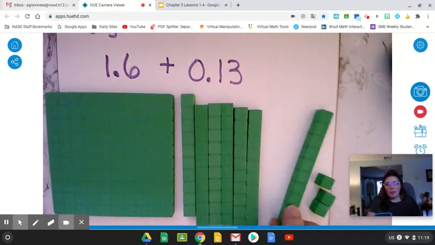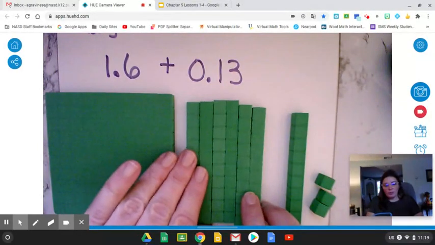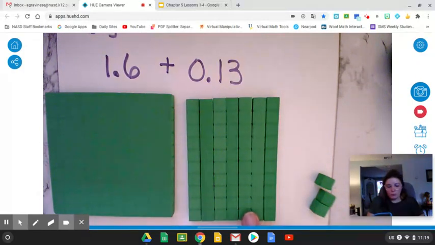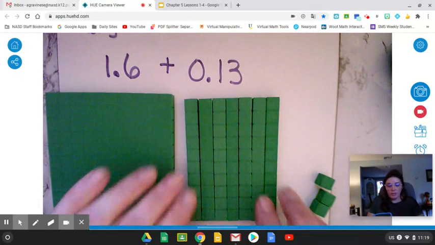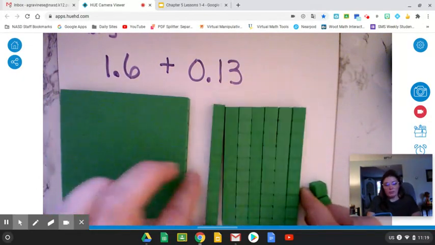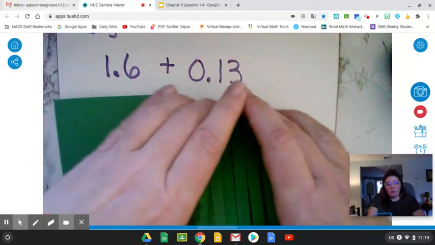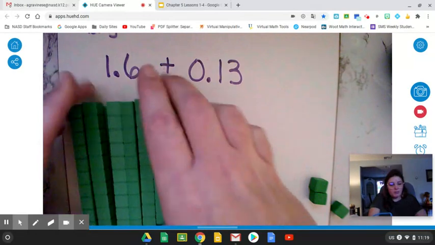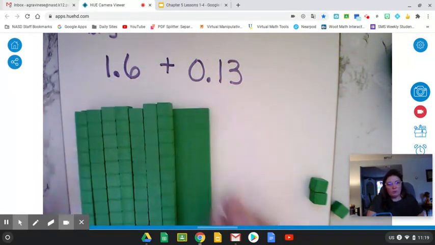Next, I'm going to combine that 1/10 with my 6/10. And I have 1, 2, 3, 4, 5, 6, 7 tenths. That's less than a whole still. See? When I put my 7/10 on top of my whole, I can see that it's still not a whole. It's less than a whole.